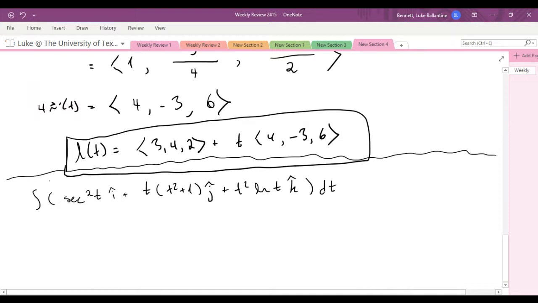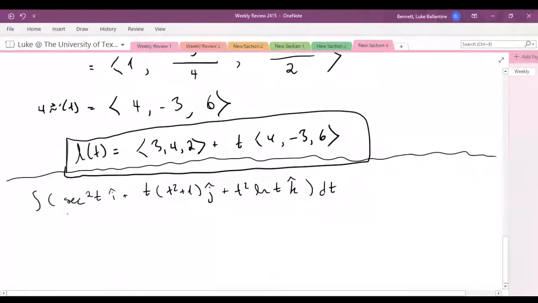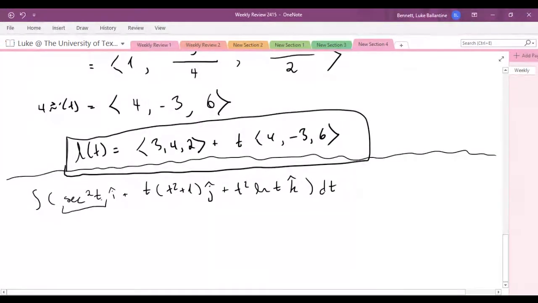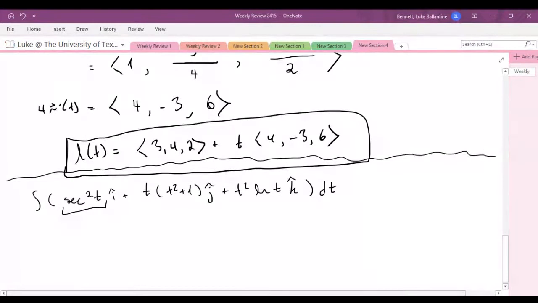So tell me, what is the integral of secant squared t? Anybody?